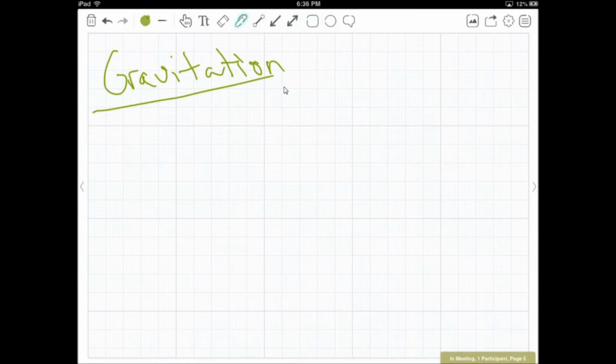So, Newton's universal law of gravitation dealt with, he's observing mostly the motion of planets. You hear the apple falling from a tree story, which we don't know if it actually happened. It's just a little anecdote.